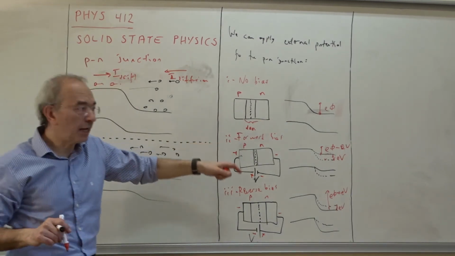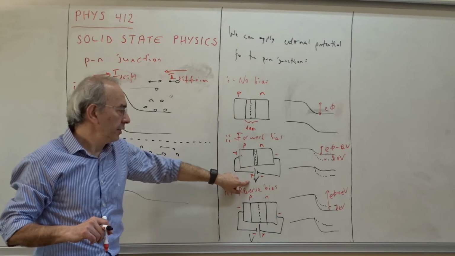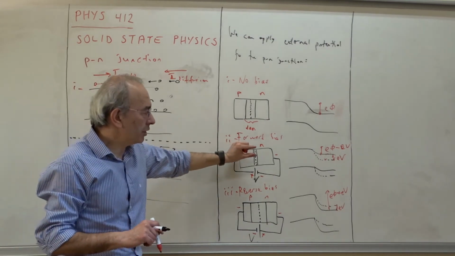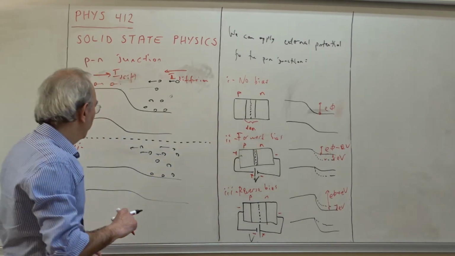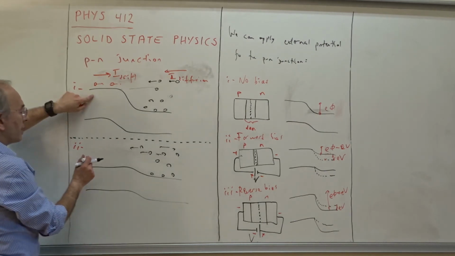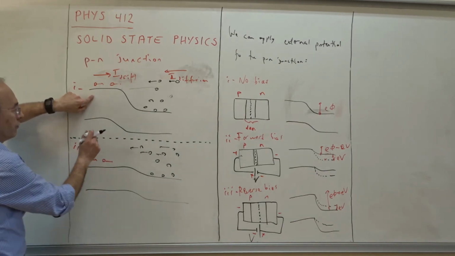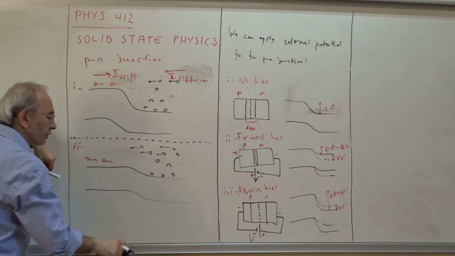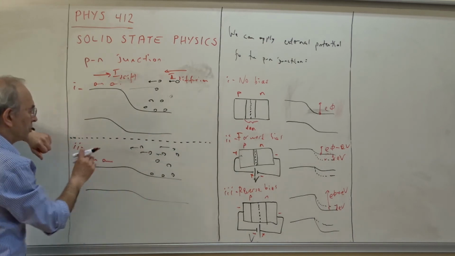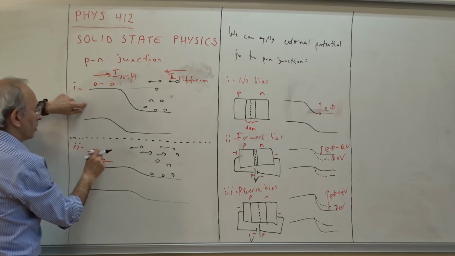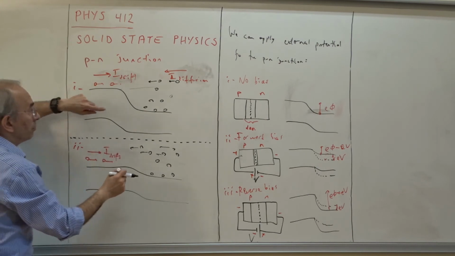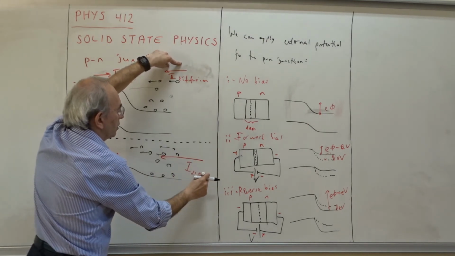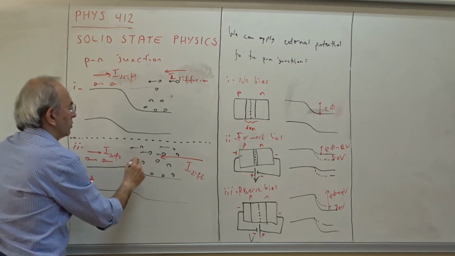But in case of forward bias, where we join the positive end of the battery with the positive part, negative end with the negative part, then this hill is less steep. In such a case, we have again the same number and same current for the I drift, because drift current is not affected by these potential hills, so this is called I drift again. But this time we have a much larger I diffusion because of this shorter hill.